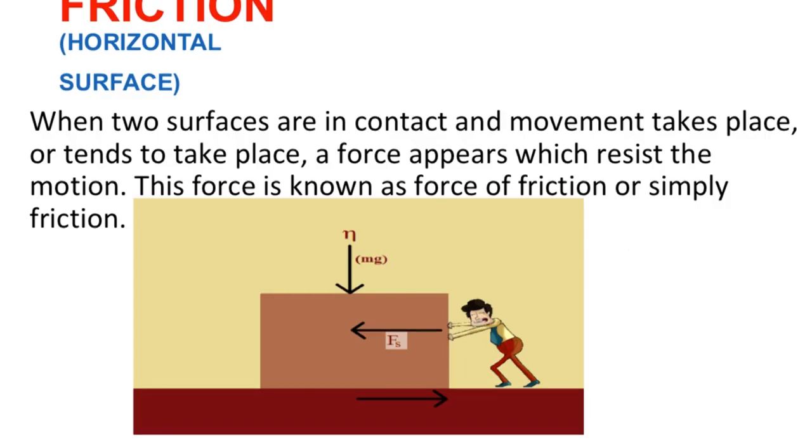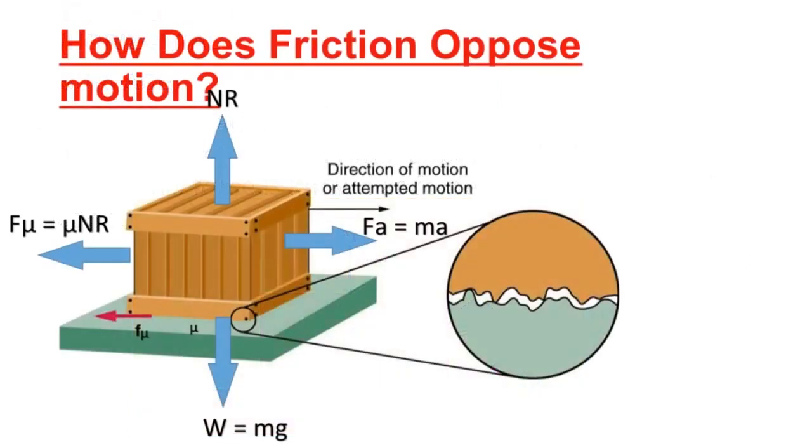Now, as we know, any object that is placed on a horizontal surface is affected mainly by 4 forces. As we can see on the screen, the forces are labeled there. We have the first force, which is the applied force.